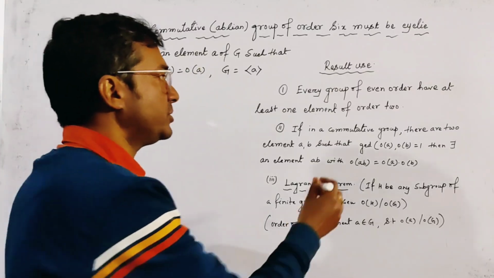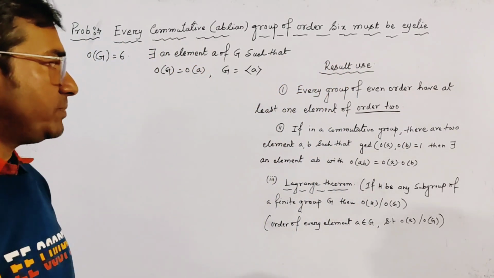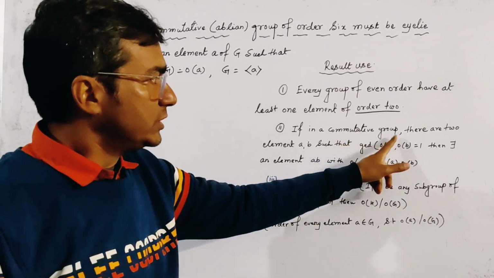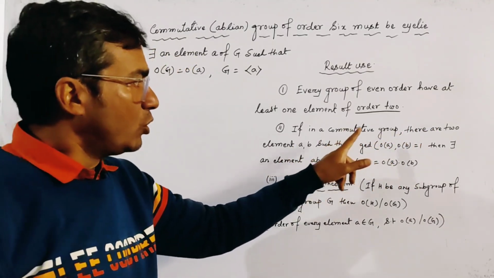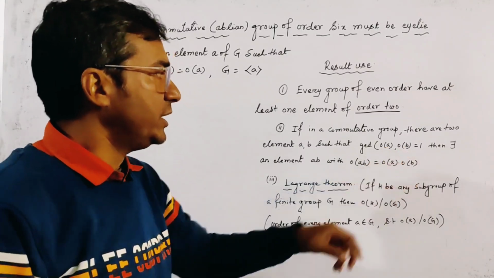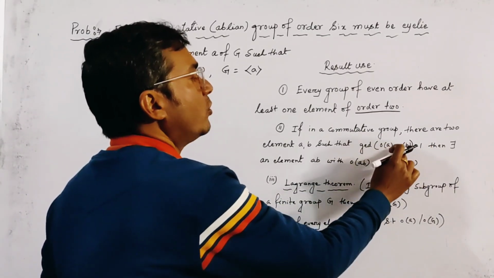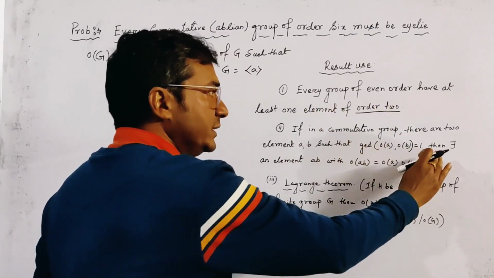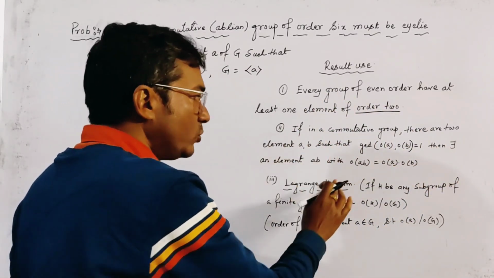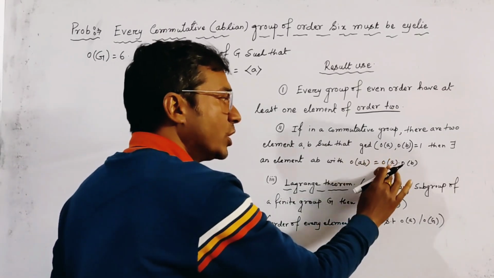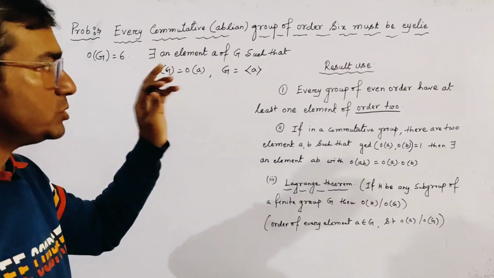The second concept is that if in a commutative group there are two elements A and B such that the orders of A and B are prime to each other, that is, the GCD of the order of A and the order of B is equal to 1, then there must exist an element AB with order of AB equal to the order of A times the order of B.